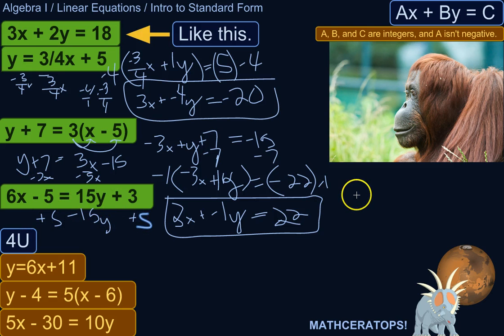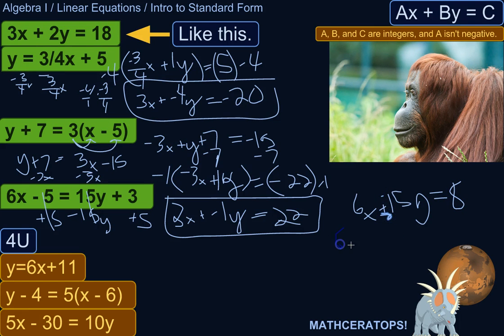Okay, so when we do that, we get 6x minus 15y is equal to, okay, so this is gone. That 5 we moved over to the other side, so 3 plus 5 is 8. And actually, we're good to go because, well, let's see, we can call that plus negative 15.